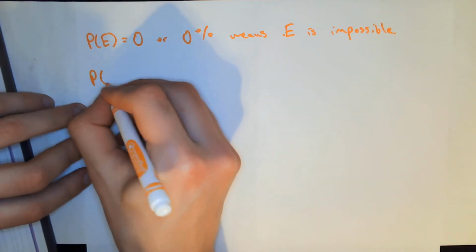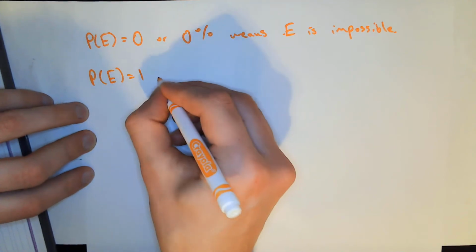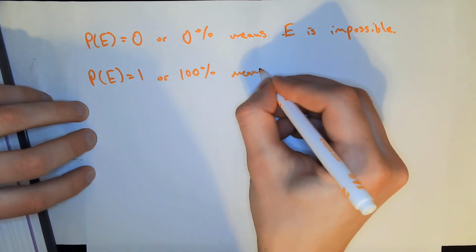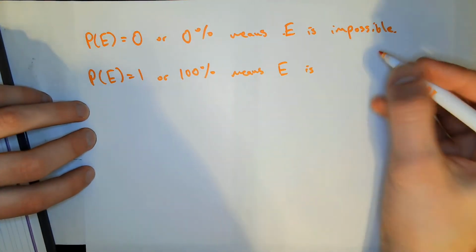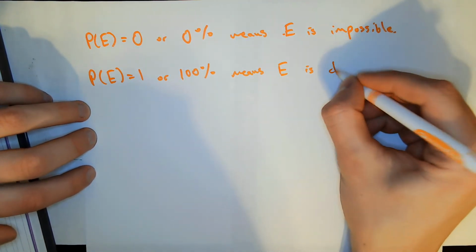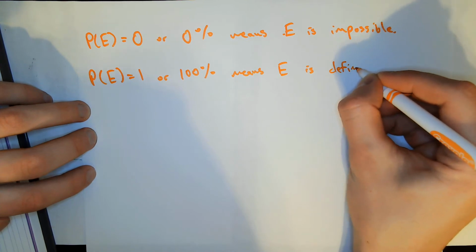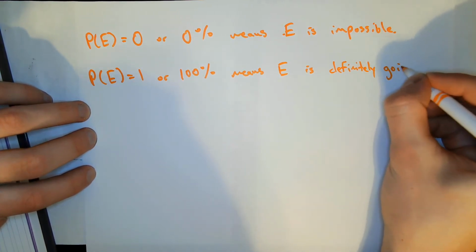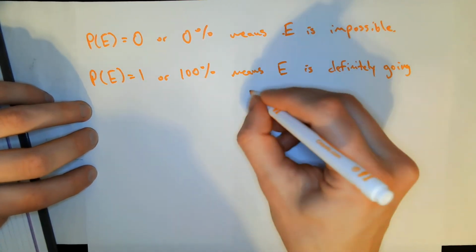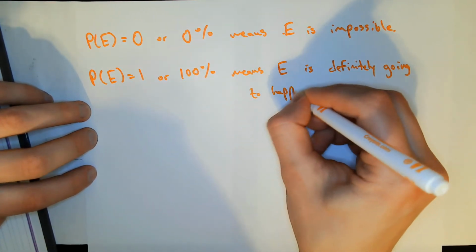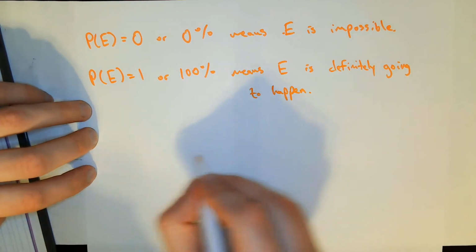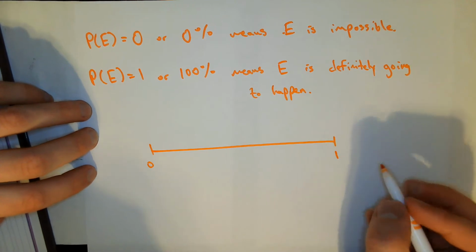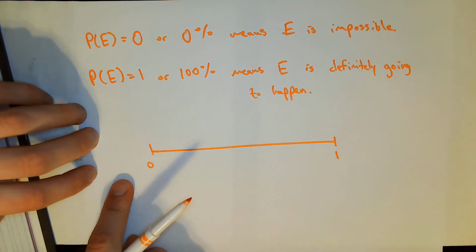And a probability of 1 or 100%, whatever that event is, means E is definitely going to happen, like for sure going to happen. So if I put it on a number line, here's 0 and here's 1. So this is for sure going to happen, this is not going to happen at all.